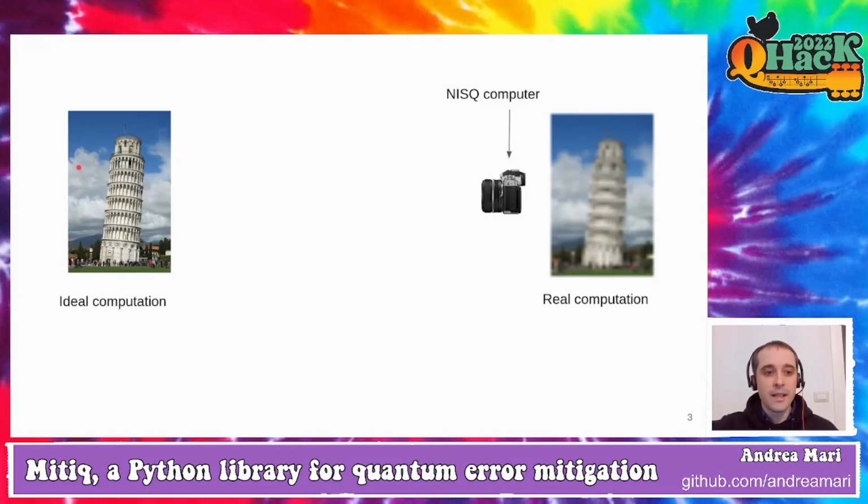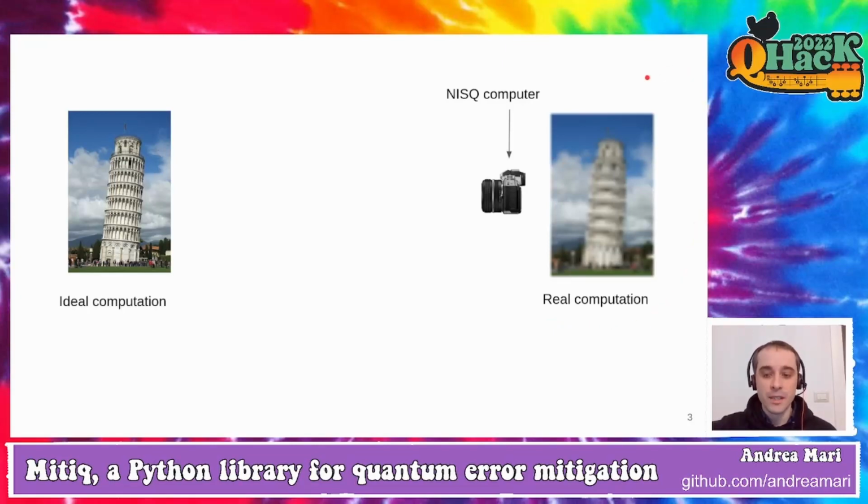You assume that this is the ideal computation we want to do with a quantum computer. But unfortunately, we have NISQ devices, computers that are not perfect. There is noise.